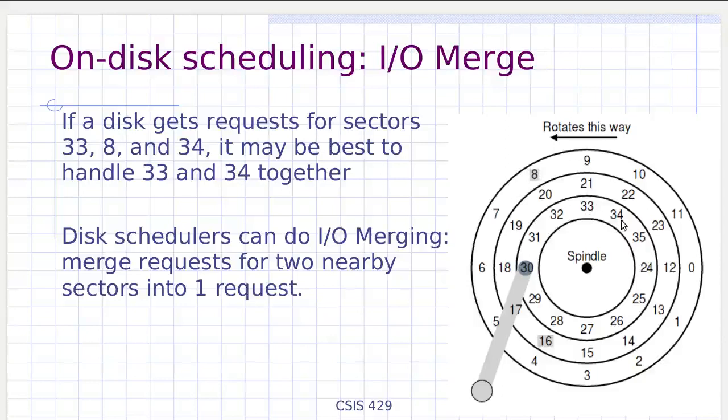I can read that basically in one go, and then once I'm done with 34, I can just move this over, and there'll be a little bit of delay to get to 8 because it has to go all the way around. But the bottom line is disk schedulers can do this I/O merging. You're merging the requests for 33 and 34 into one request. And that's faster than breaking it up into 3 different requests and going from 33 to 8 to 34.